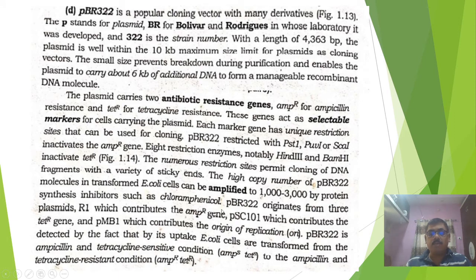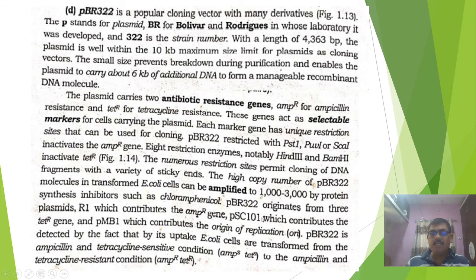And pBR322 originates from three plasmids. It is prepared by hybridizing three plasmids. R1 contributes the ampicillin resistance gene, meaning the ampicillin resistance gene is derived from the R1 plasmid.